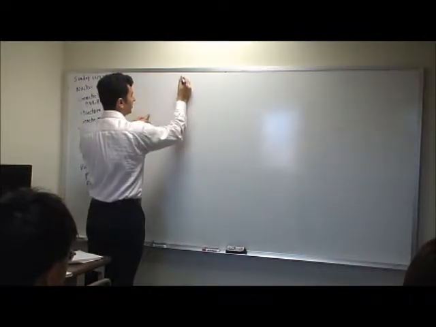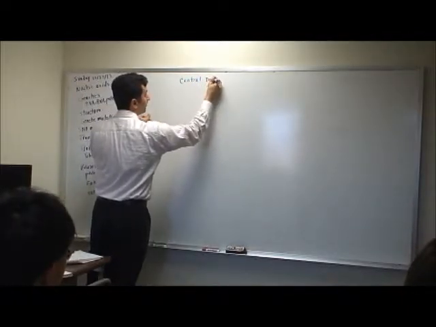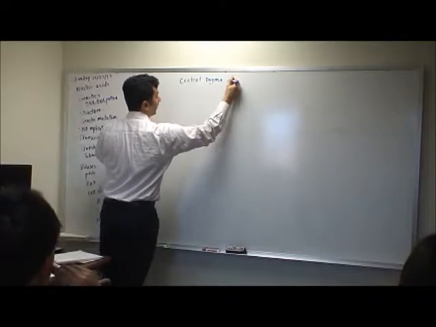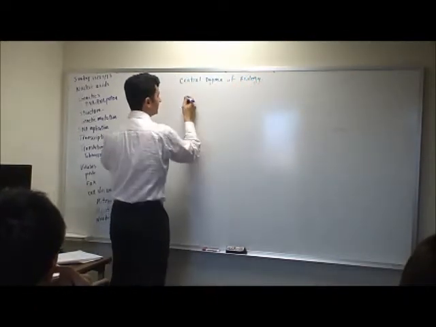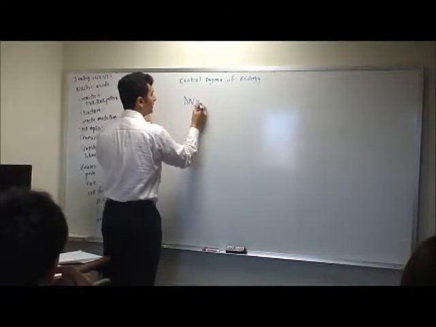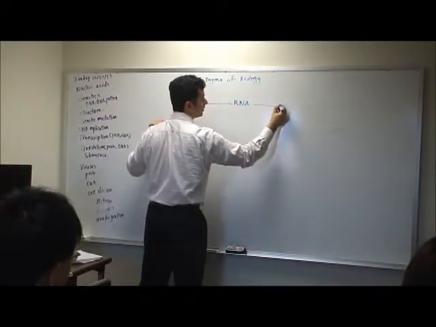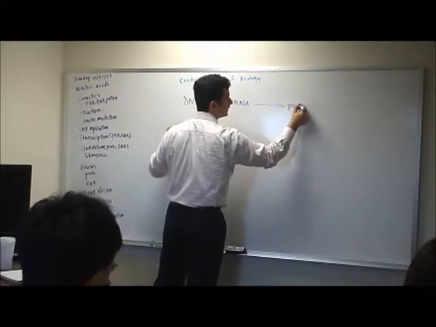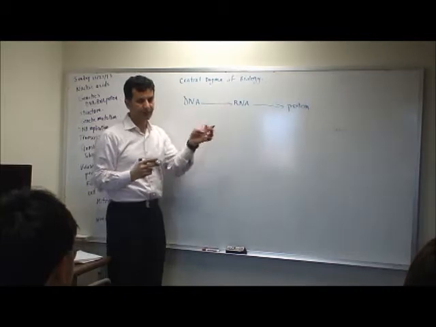Sometimes you've heard this a lot. They call it the central dogma of biology. So they say going from DNA to RNA, and then we would next go to protein. What is this process called, DNA to RNA?